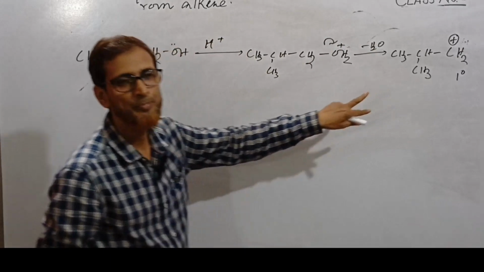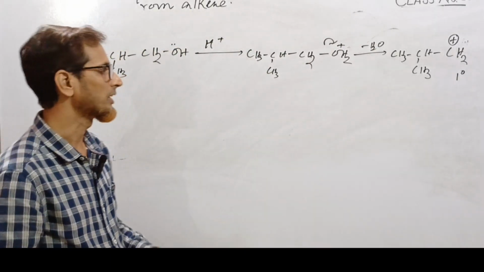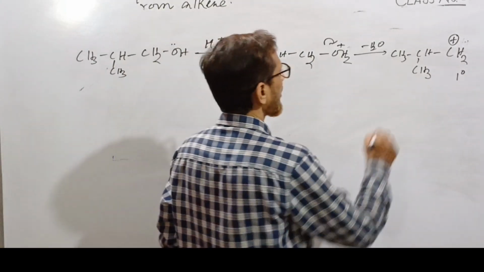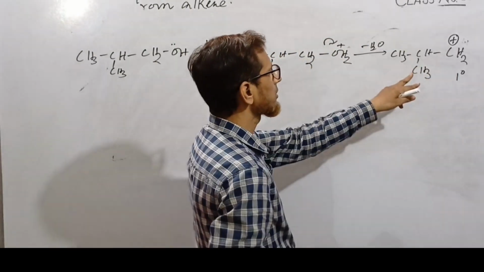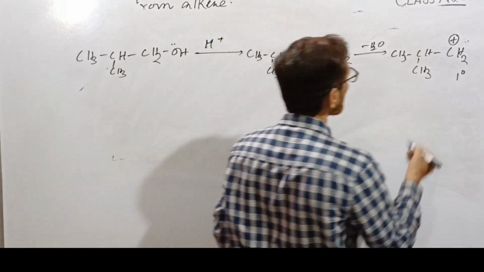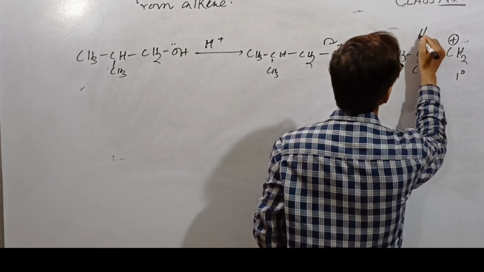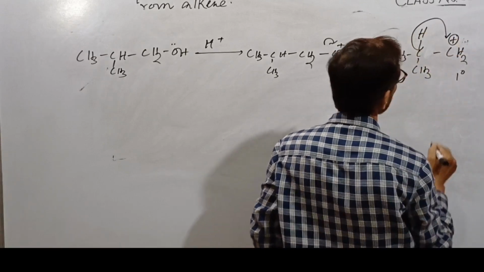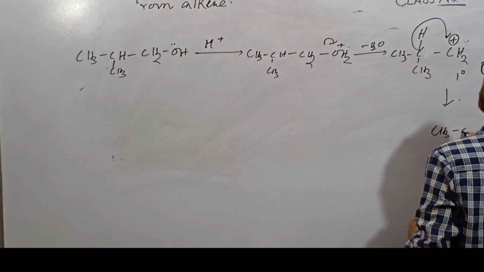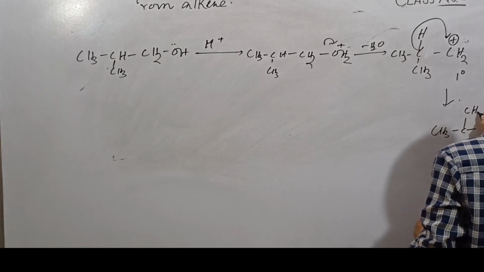Minutely follow this step. I will show you 2 or 3 examples where in each and every case there is rearrangement, and very often you are confused and misled. This is 1 degree, and now you ask whether there is any possibility of rearrangement. Yes, there is shifting. If you write hydrogen here and shift the hydrogen, what we get here is CH3, C, CH3, CH3.